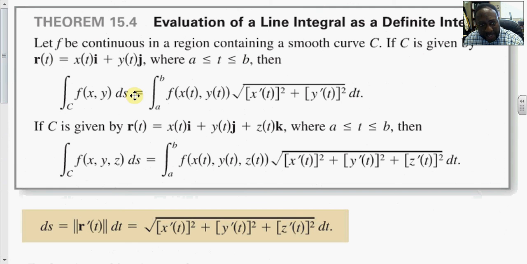Now ds here is the arc length times dt. It's stated right here for you. So this ds is the norm of r prime of t dt.